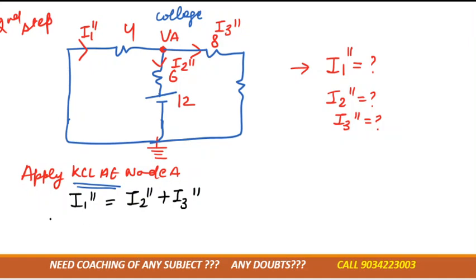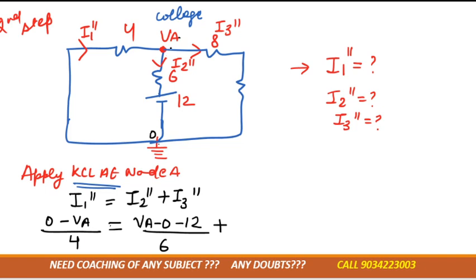So I1 double dash is (0 minus VA), because I1 double dash is moving from this node 0 to VA. So (0 minus VA) divided by 4 is equal to I2 double dash, which is (VA minus 0), because this is going from the node to 0, and we have to take the sign of the battery, minus 12, divided by the resistance, plus I3 double dash, again going from the node to ground, so it would be (VA minus 0) divided by that resistance value, which is 3.